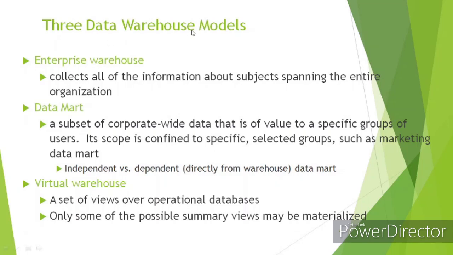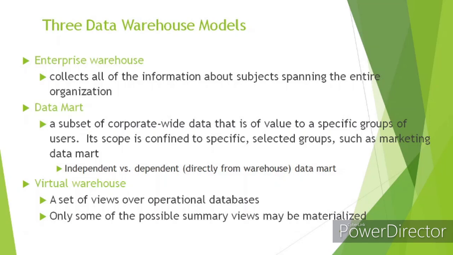Then next point is three data warehouse models. Mainly there are three data warehouse models. First is the enterprise warehouse, which collects all the information about the subjects spanning the entire organization. So it is specially used for the entire organization. Then data mart, which is actually a subset of corporate-wide data that is of value to specific groups of users.